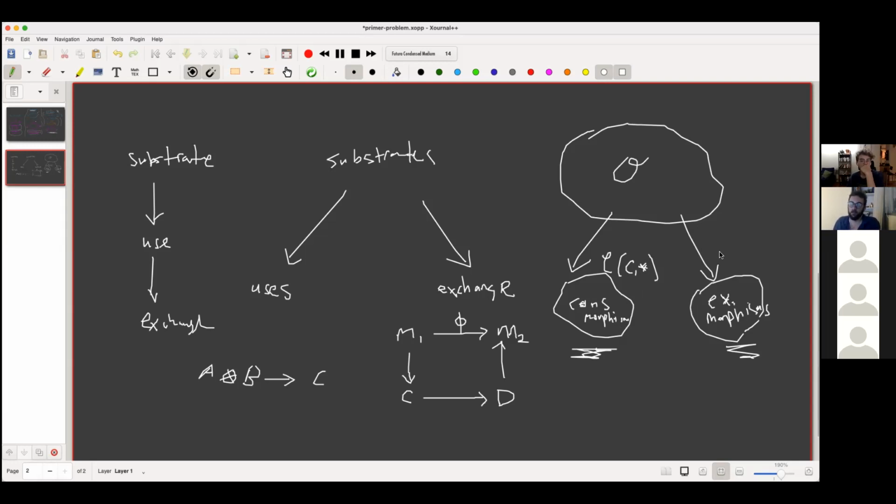Mm-hmm. And so then, just to clarify, what's O again here? What exactly are the arrows? Just all uses? All operations that you can do to a commodity. Okay, so that's contingent on, I guess, the capitalist space or whatever, right?